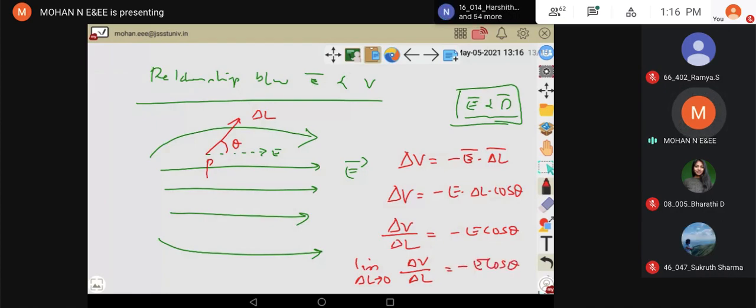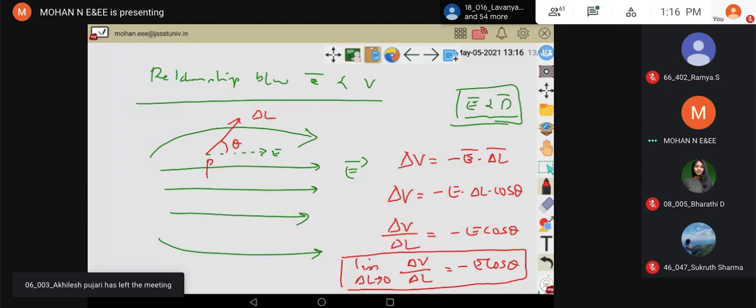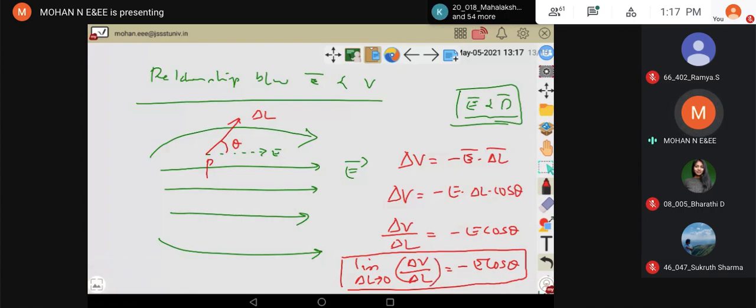So this is the relationship between V and E, and from this we can find where exactly the gradient is maximum, and when the gradient becomes maximum. That is what we have to check here. And I think this is very simple for you. So this is the relationship between V and E.